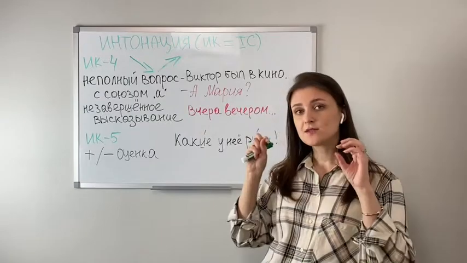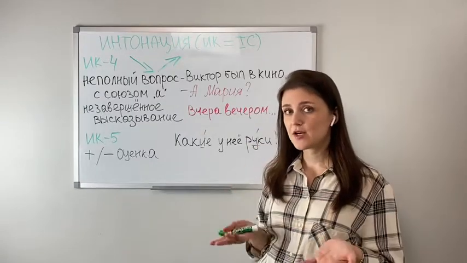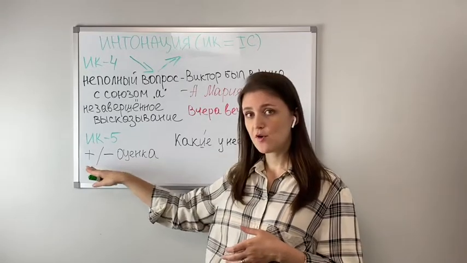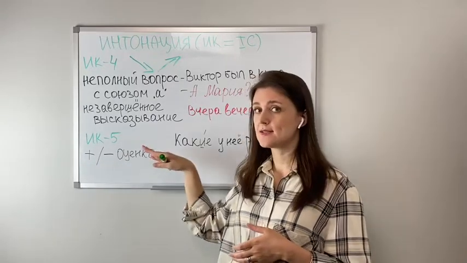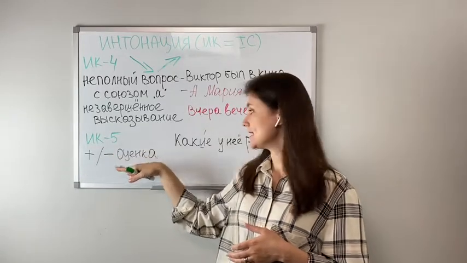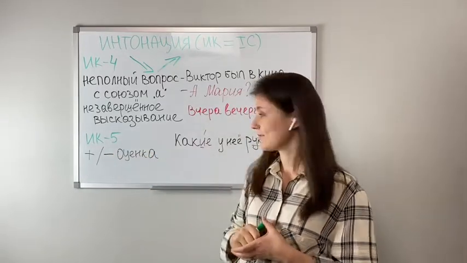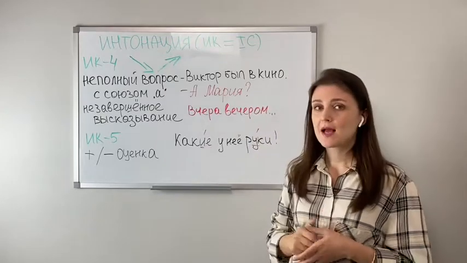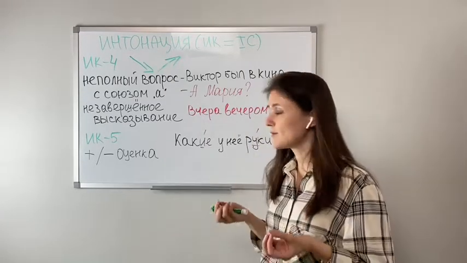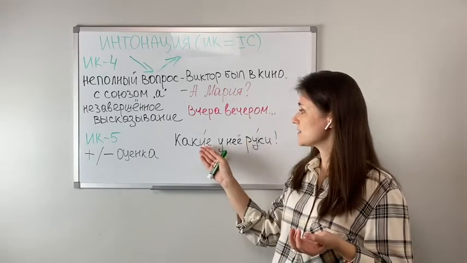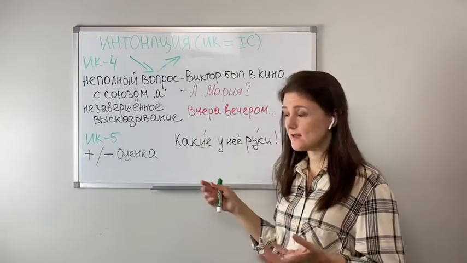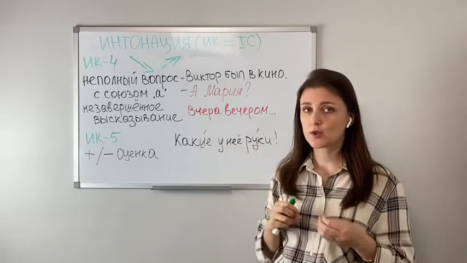And the last, fifth intonation construction we use when we have positive or negative assessments. Положительная или отрицательная оценка. For example, exclamation, какие у нее руки. So we stress the vowels in the words какие and руки.